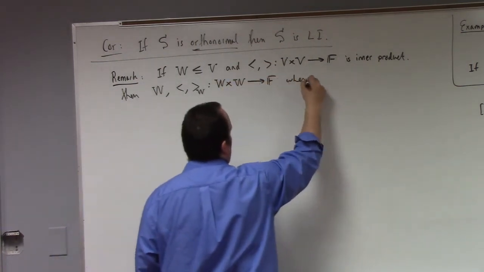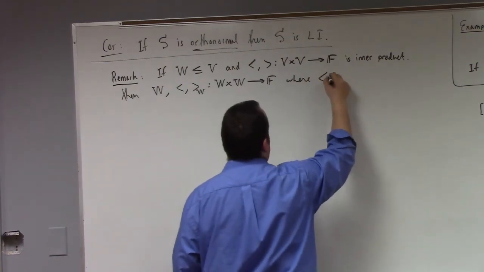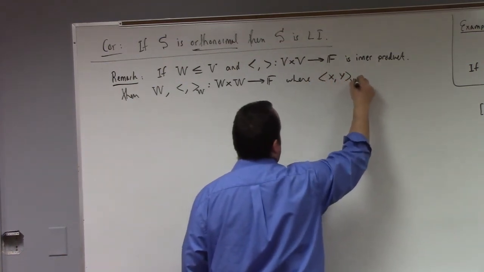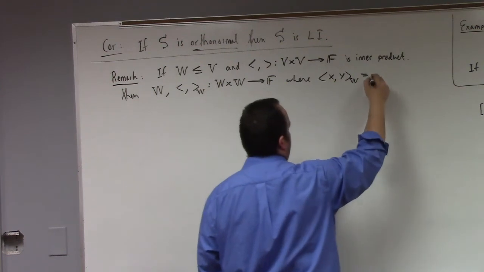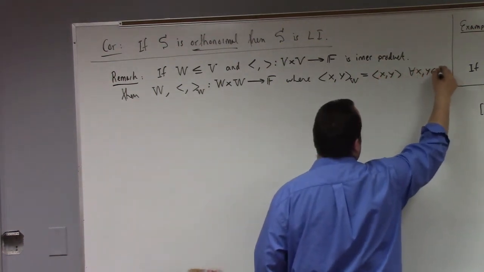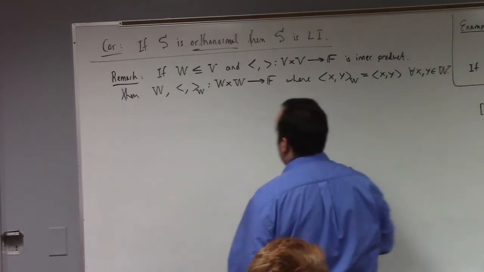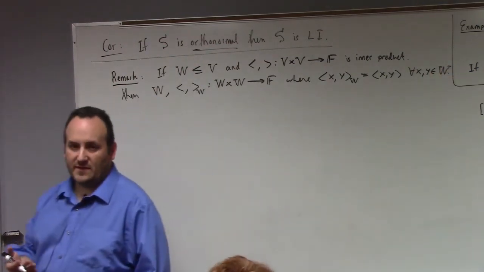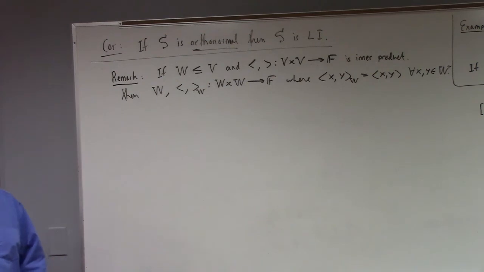How would the inner product on W be defined? It would just be the same inner product for all x, y in W. It's a simple exercise to show that if you have an inner product on a whole vector space, and you restrict to a subspace, it's still an inner product. You still have all of the axioms descend naturally.